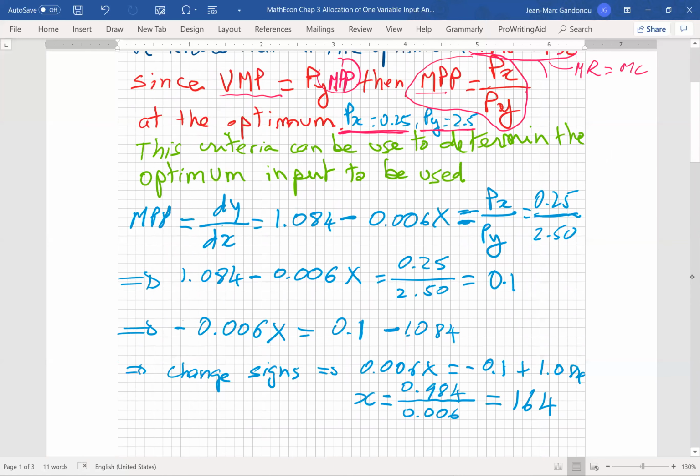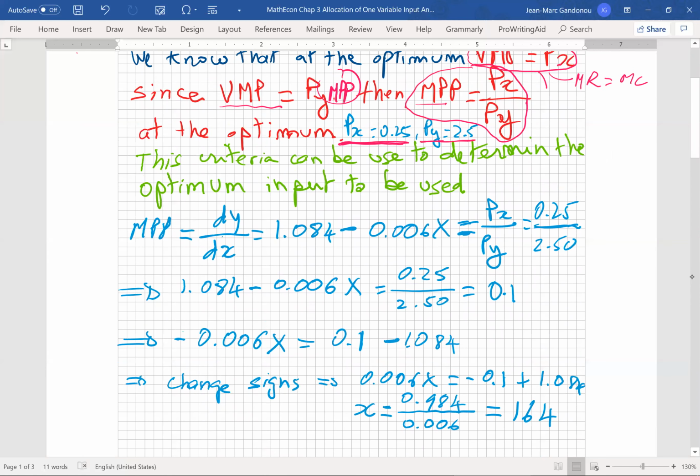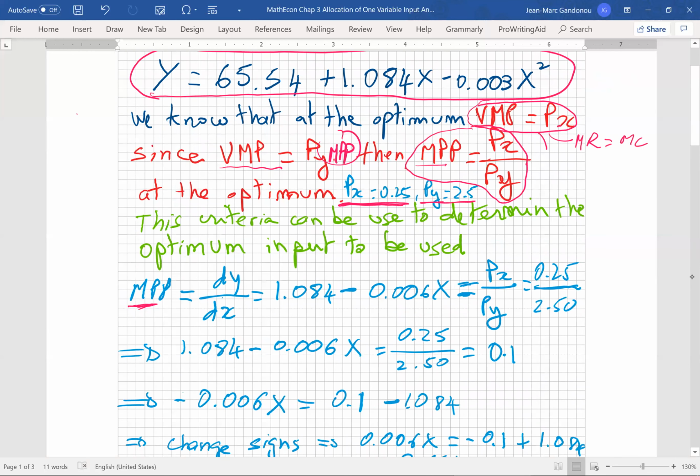But primarily, if you want to determine the optimum, we need to compute the marginal physical product first, because we don't know it yet. So the marginal physical product is the first derivative of Y with respect to X.